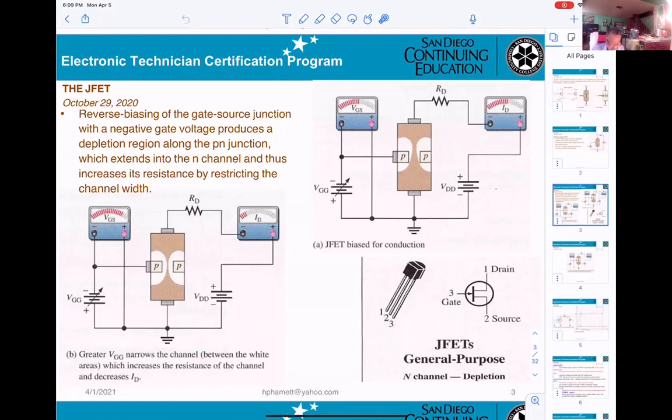Reverse biasing of the gate source junction with a negative gate voltage produces a depletion region along the PN junction, which extends into the N channel and thus increases its resistance by restricting the channel width. That means the resistance in here is big, you get less electron moving, less current.